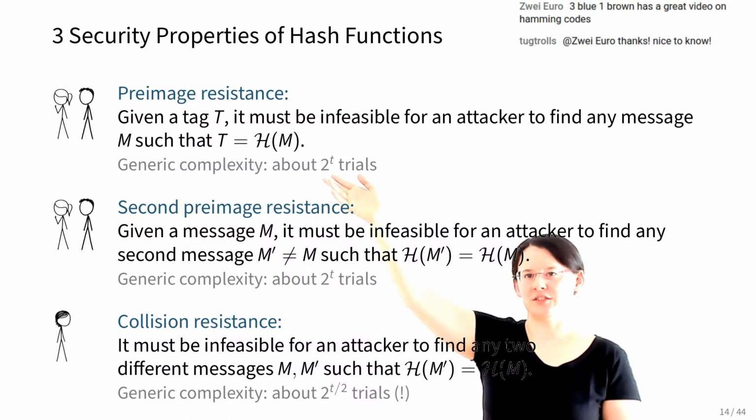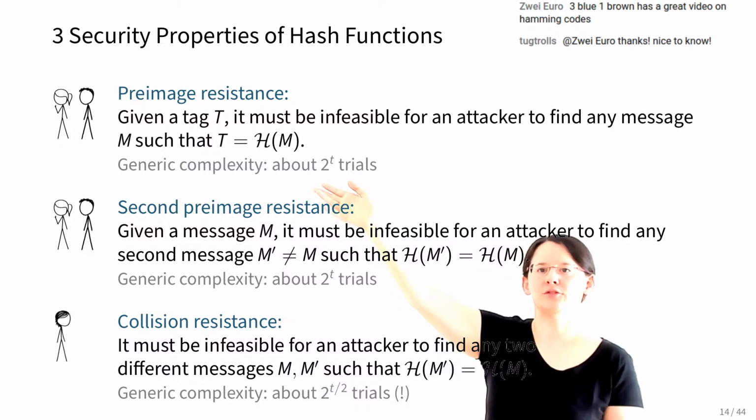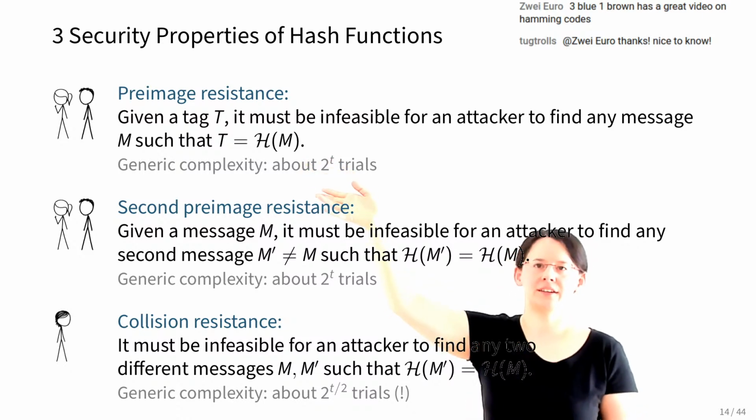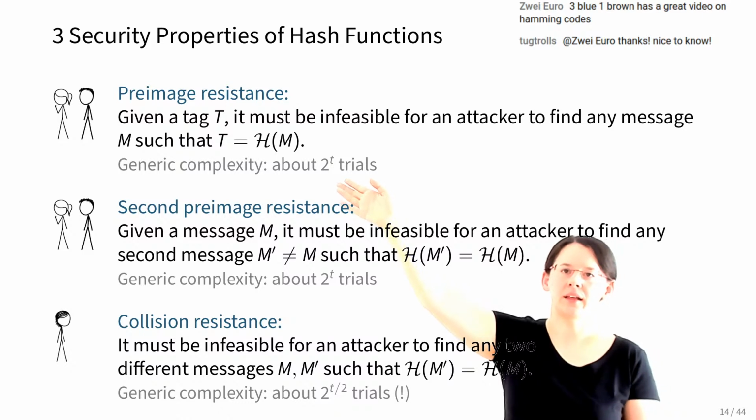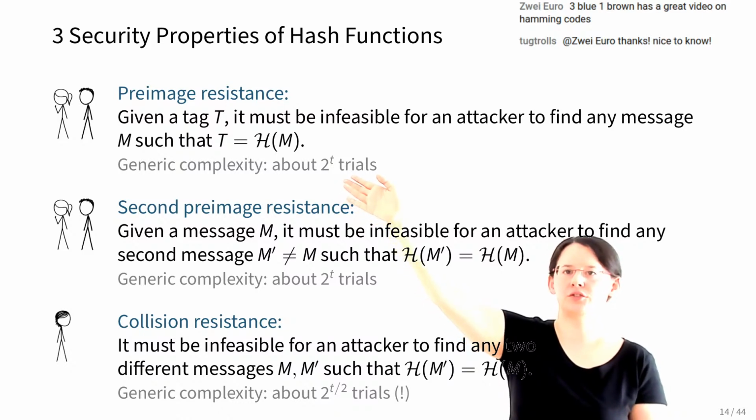If an attacker just tries random messages m and hashes them, then after approximately 2 to the t trials on average, they will by accident find a message which produces the right tag, giving them a pre-image.